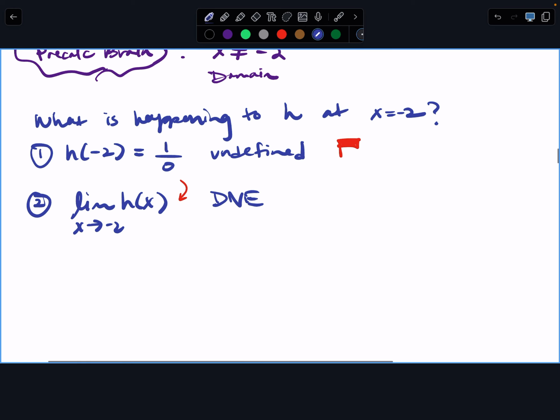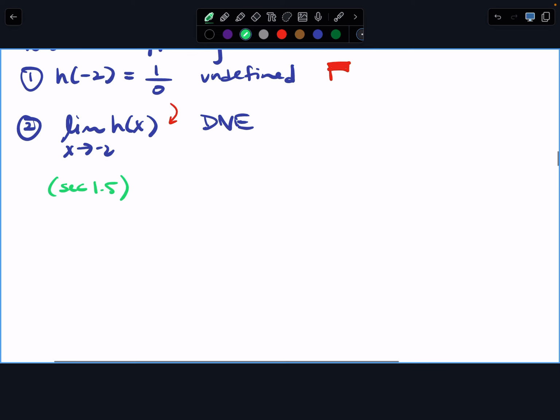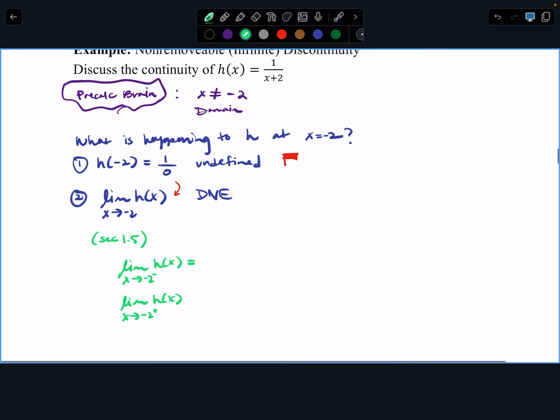Now, in section 1.5 we would be exploring this further, and we would look at the limit as x approaches -2 from the left, and the limit as x approaches -2 from the right. What's happening? Because 1/(x+2) is one of those functions that you should be able to visualize the graph of: 1/x, the parent function, and then the plus 2 does what to the graph?